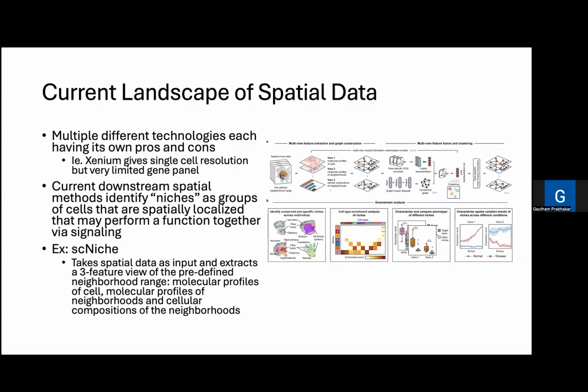Current downstream methods identify niches as groups of cells that are spatially localized and may perform a function via cell-cell signaling.